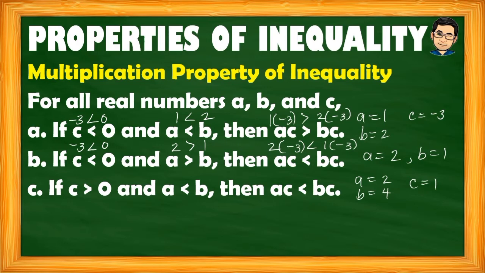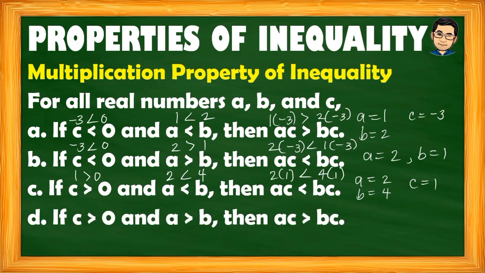C is greater than 0, that is 1 is greater than 0. Then A is 2, B is 4, so 2 is less than 4. Correct? Then, when we multiply 1 to both sides of the inequality, it becomes 2 times 1 is less than 4 times 1. So 2 times 1 is 2, and that is less than the product of 4 and 1, which is 4. So 2 is less than 4, so this is also correct.